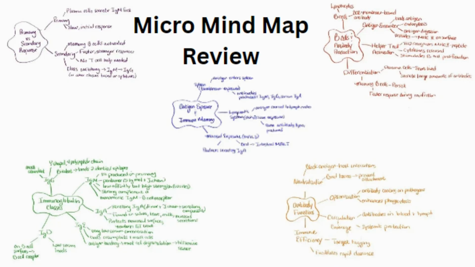This presentation recruits a T helper II cell whose cytokines stimulate the B cell to proliferate and differentiate into plasma cells. These plasma cells can generate thousands of antibody molecules, while a portion of activated B cells develop into memory cells that persist long term, enabling a faster and more effective response upon re-exposure to the same pathogen.